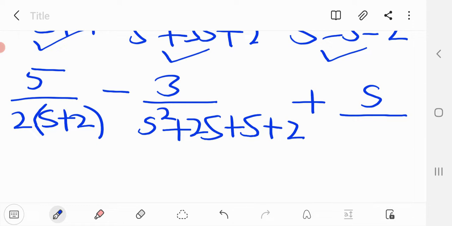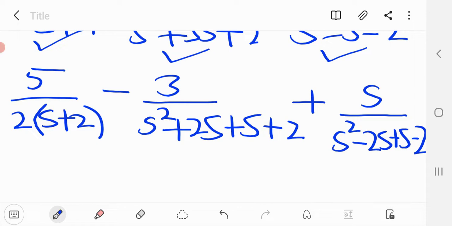The middle term minus s will be split, so it will become s square minus 2s plus s minus 2, because when minus 2s and plus s are added, the result will be minus s, but when these two are multiplied, the result will be minus 2s square.